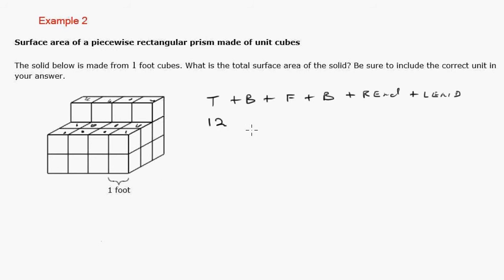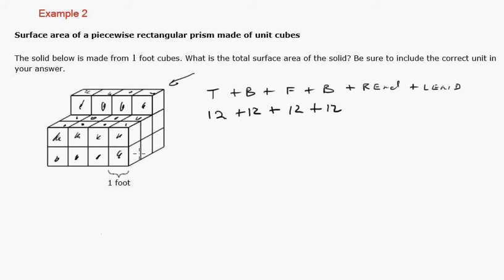If I was from the bottom looking up, I'd also see 12. On the front, I see 12. In the back, looking at it, I would also see 12. And then finally the right end, I see 7, and from the other side, I'd also see 7.